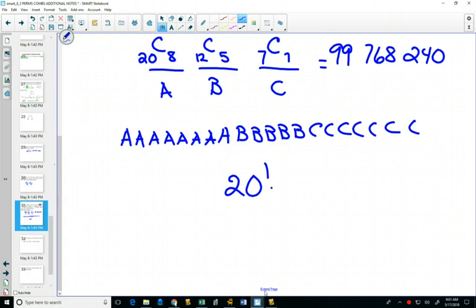But if it was 20 different letters, it would be 20 factorial, right? This is how we do our identical objects questions. But because there's 8 A's, we have 8 factorial that we need to divide by 5 factorial and 7 factorial. And if you type this into your calculator, you get the 99 million again.